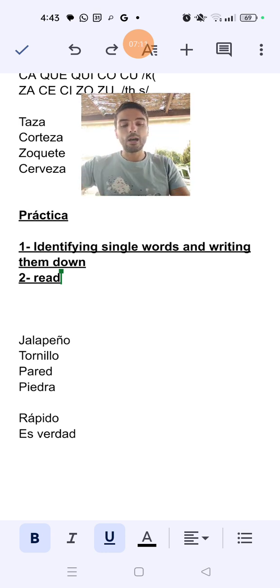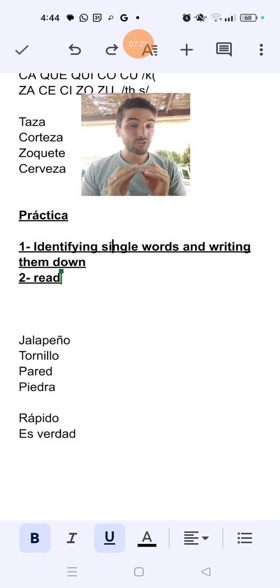Okay, like in an audiobook. In Spanish, obviously. Okay, so maybe at this stage this doesn't make much sense to you, but trust me, this is crucial.